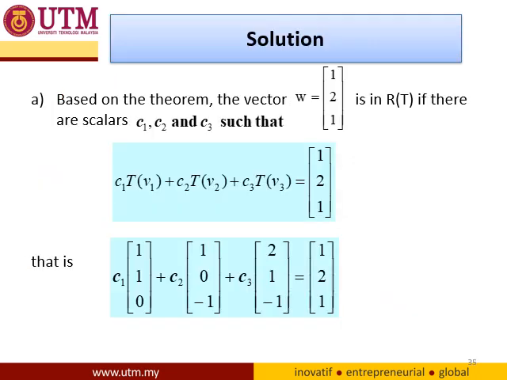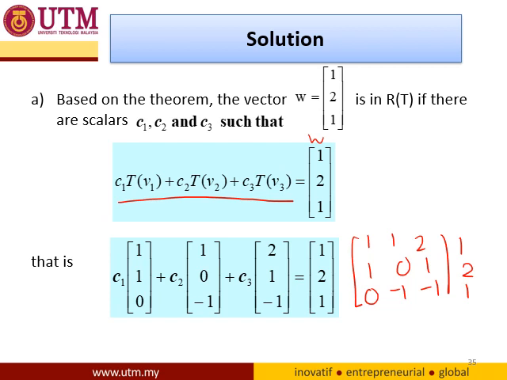Again, based on the previous slides, we already identified the theorem we want to use here, property number 4, where we have C times the transformations V1 until V3, and then we have our W here. So we make it into an equation that we need to solve, with the columns (1, 1, 0), (1, 0, 1), (2, 1, 1) and the right side (1, 1).